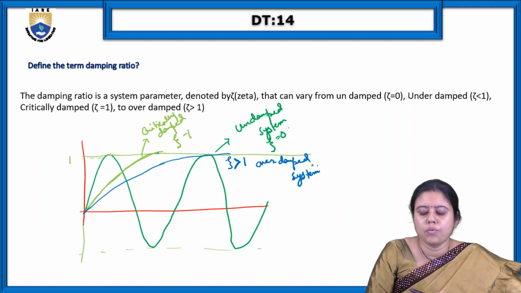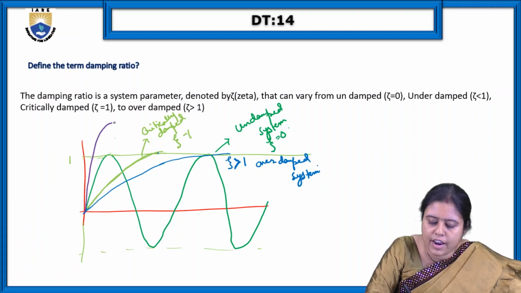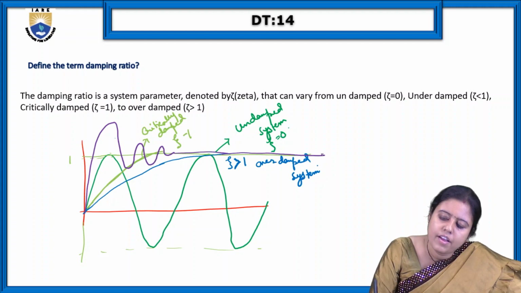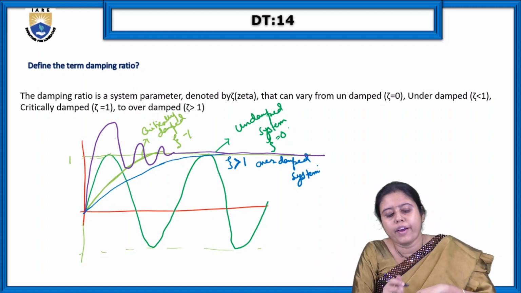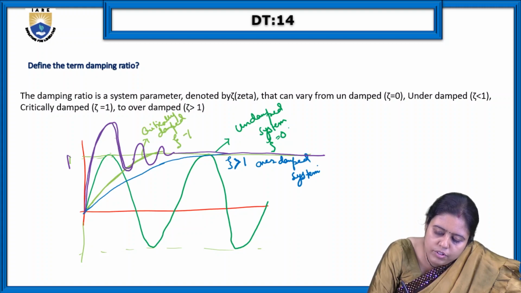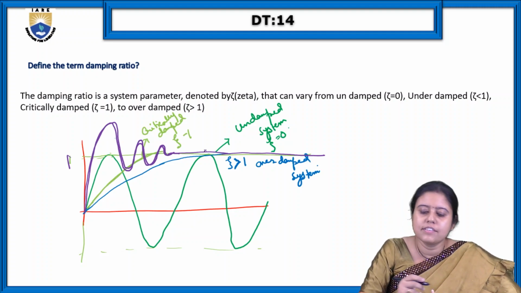And the last one is the underdamped. What is an underdamped system? So this is our output. First I am drawing with this color. It will start, it will go, and after some time it will reach our desired value. First it will oscillate with respect to the steady state value, and slowly it will reach our desired value.